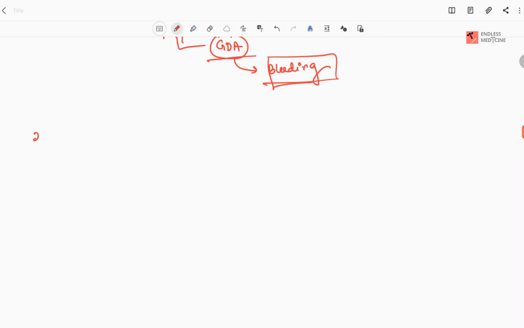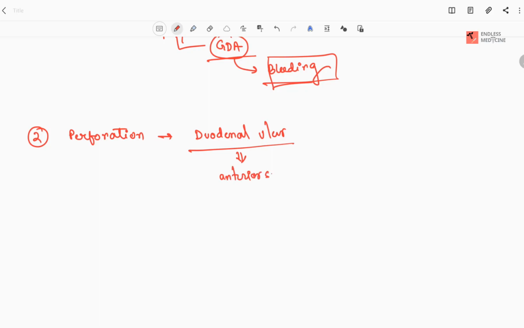Now come to the second complication, that is perforation. Perforation is most commonly seen in duodenal ulcer. Duodenal ulcer erodes the anterior surface. And what is the result of this?